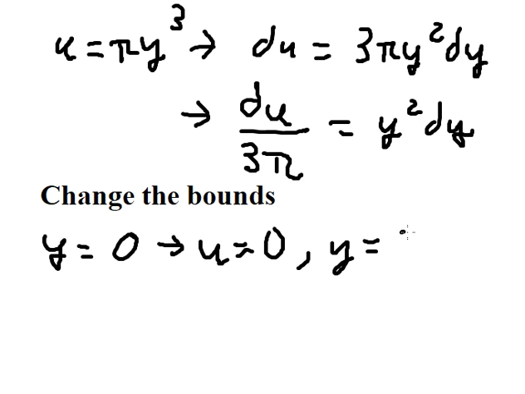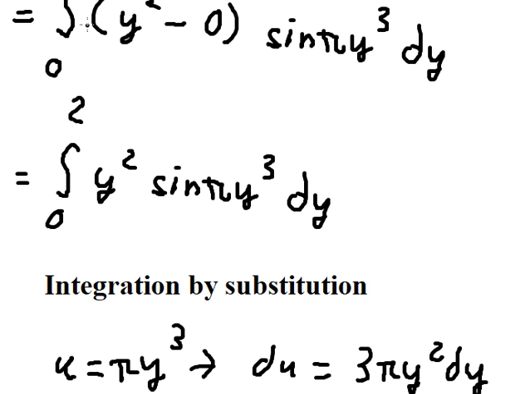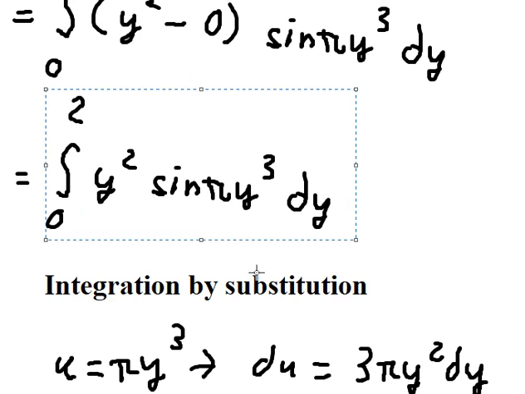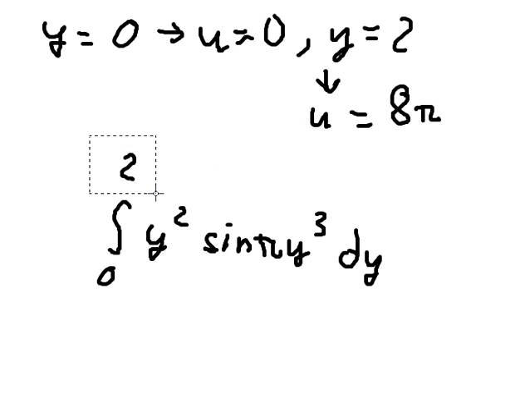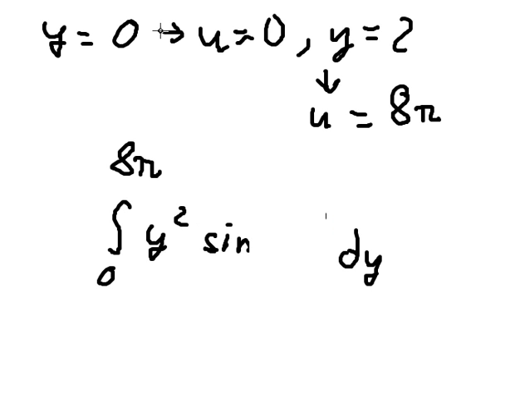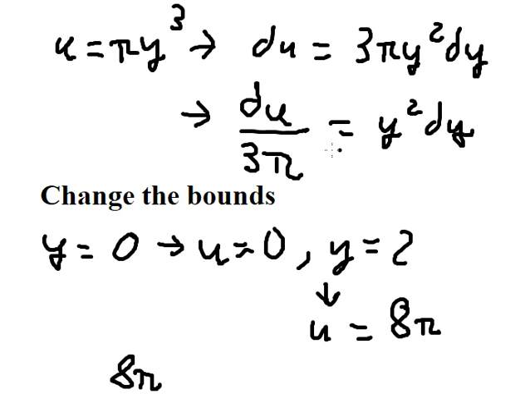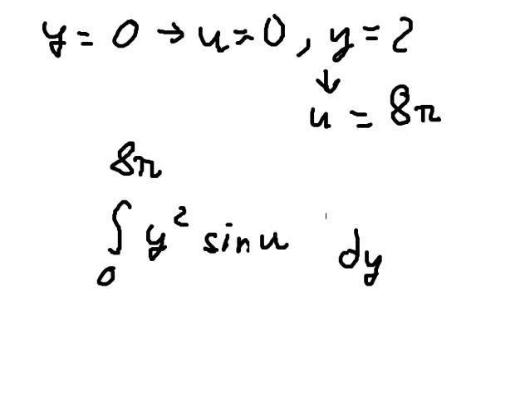And we have u equals to 8π. And now we need to change this integration. Number 0 we keep the same. Number 2 we change to 8π. πy to the power of 3 we change to u. y squared dy we change to du over 3π.